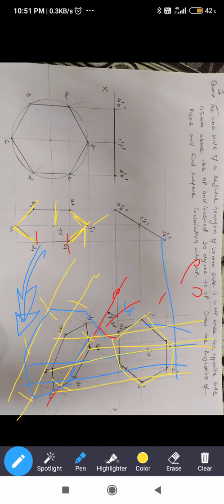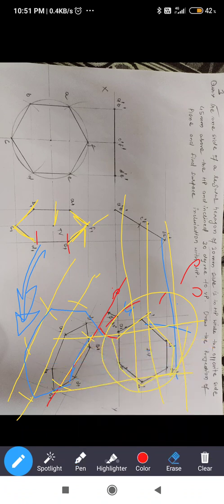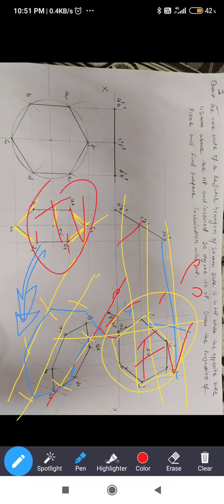These projection lines meet, and the intersection points create this hexagon, a six-sided figure. So above you will get the front view, and here you will get the top view. You also got the angle theta. So this is all about this question.